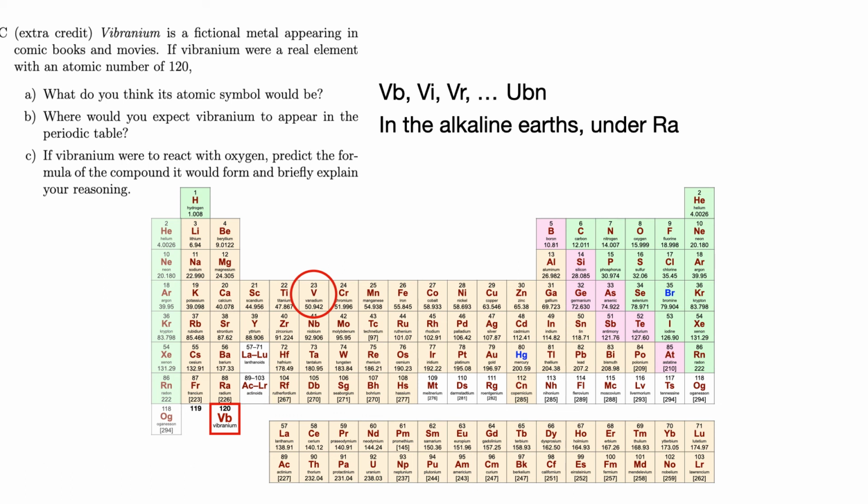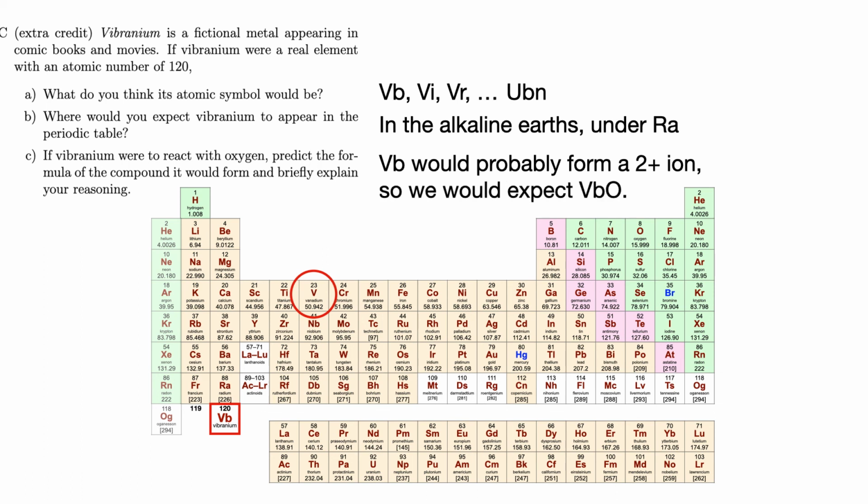If vibranium follows the patterns of the elements above it in the periodic table, it would probably form a 2+ ion. And then since oxygen tends to form 2- ions, you'd end up with equal numbers of vibranium and oxygen ions in the compound. And so the formula that we would expect is VBO. And that is it for that.